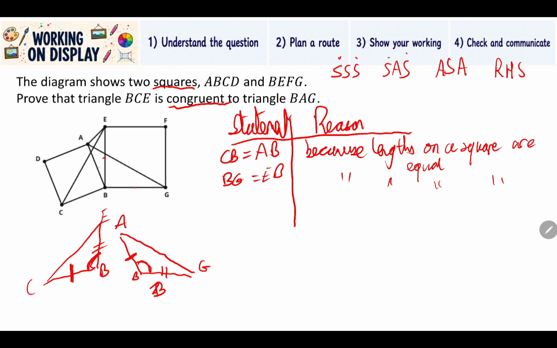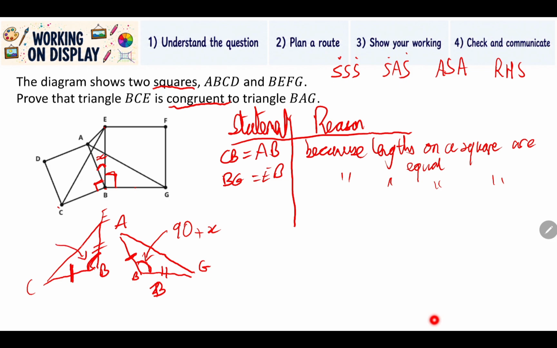If we let this angle ABE equal, let's just say x, but it doesn't matter what that equals, then that is added on to this right angle in the square, and ABG must be 90 plus x degrees. And similarly, EBC, well, that's also a right angle. It's a different right angle, but it's still part of a square.